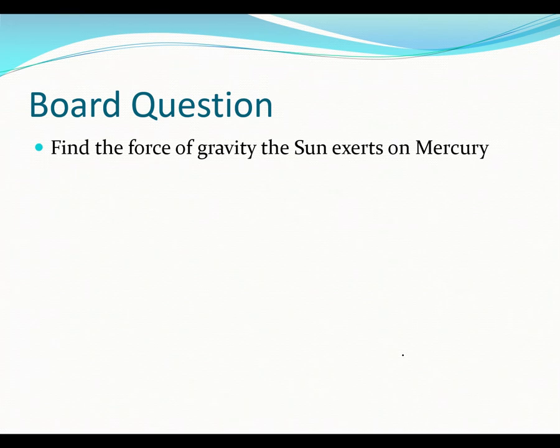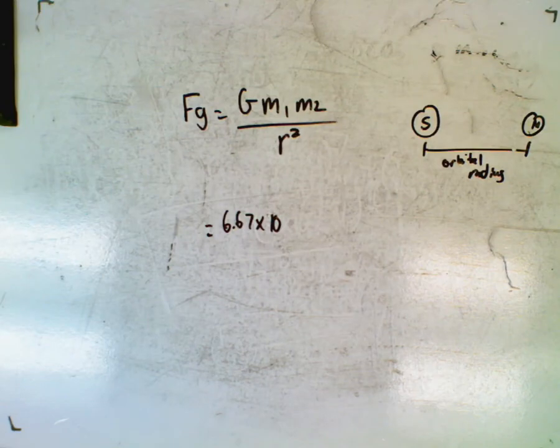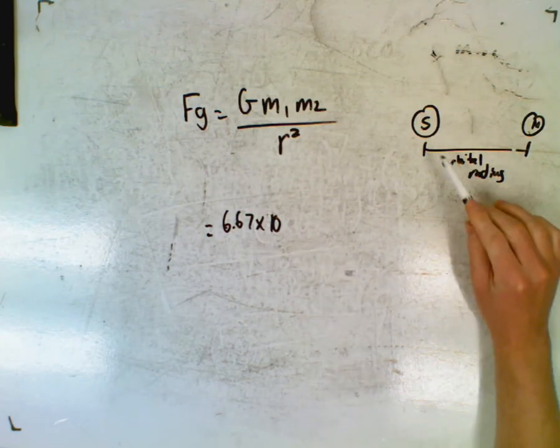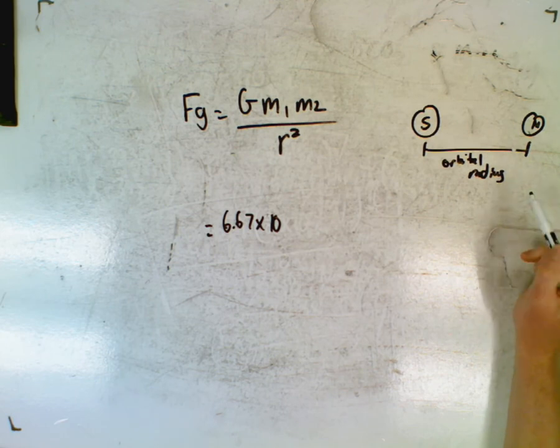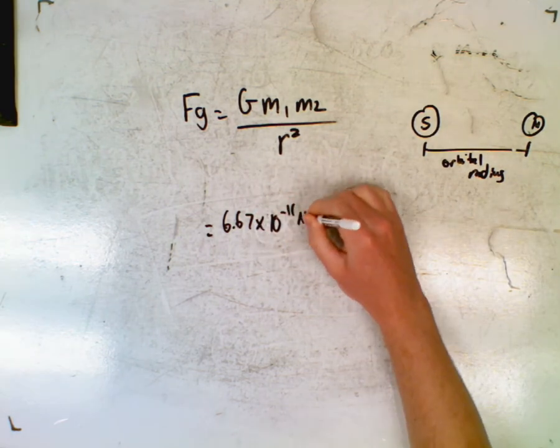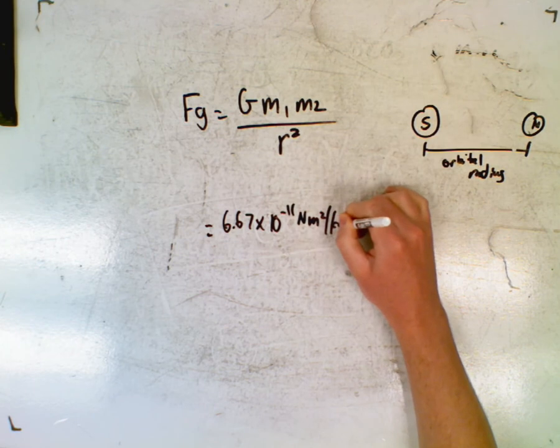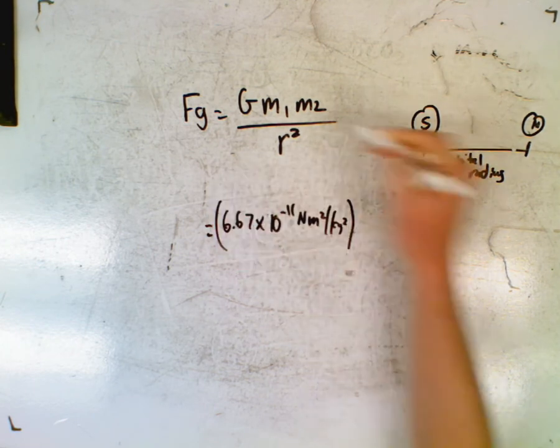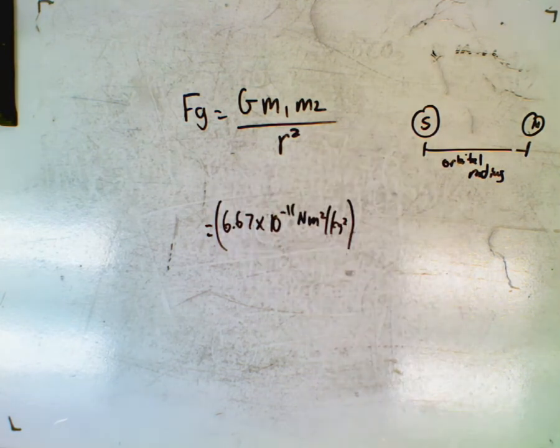Sorry, I was on the wrong screen. That's our formula. This is a picture that I drew, Sun and Mercury, and we want to find the orbital radius. So we can go 6.67 times 10 to the negative 11 newton meters squared per kilogram squared. Mass 1 is going to be the sun, so we'd have to look that up in our data booklet.